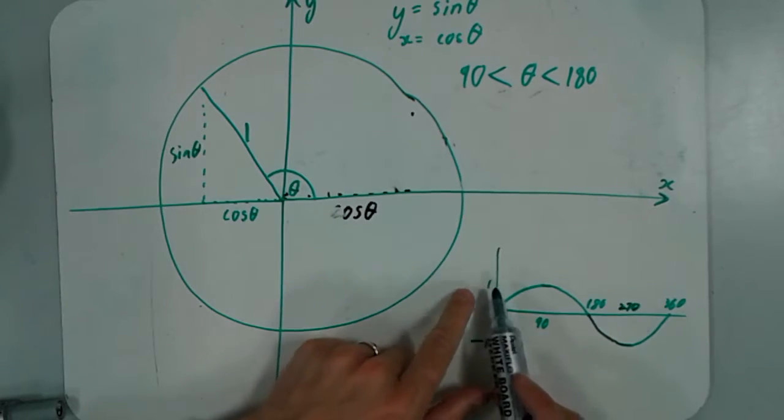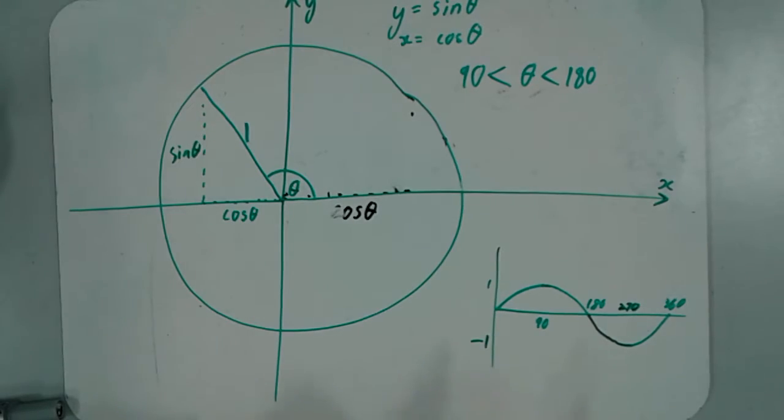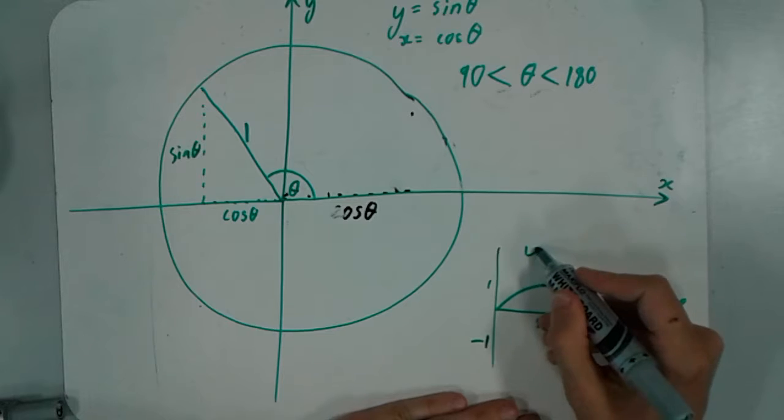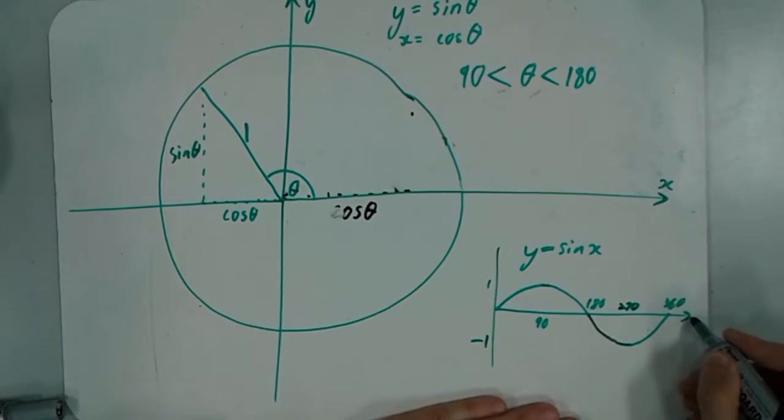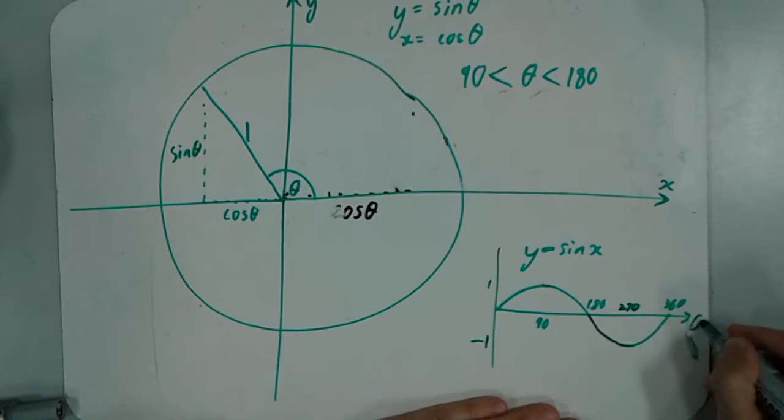A minimum of -1 and a maximum y value of 1. And that's how we generate the graph of y equals sine x, or in this case, sine theta.